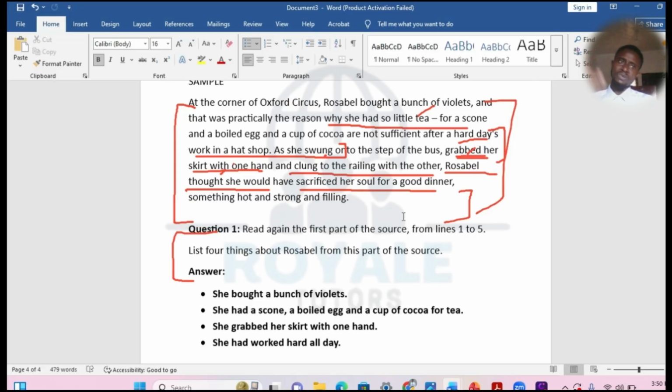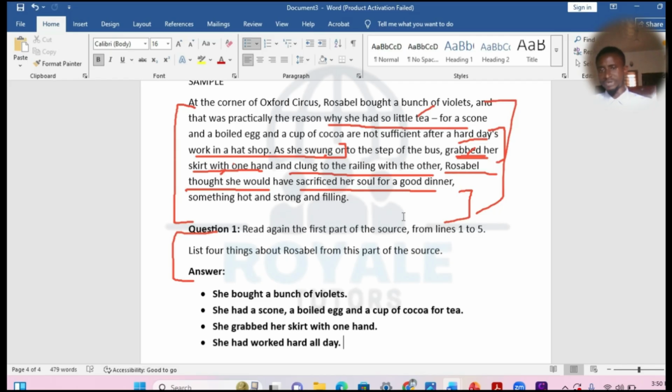We're going to go over very quickly the things that you need to know about. Number one, I said that you need to know what the question tests, all right? And then I said that the question assesses your ability to retrieve explicit information. Another thing I said again is that explicit information is information that is directly stated in the text.